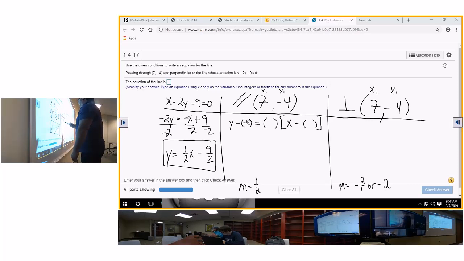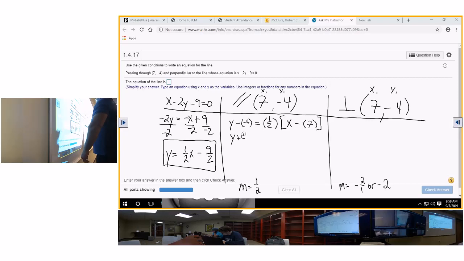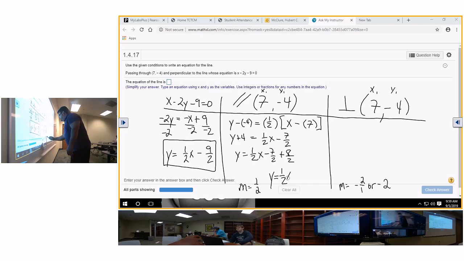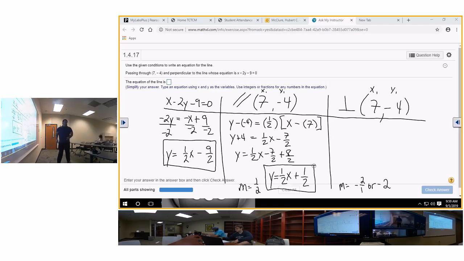Negative 4, 1/2, and 7. y plus 4 is equal to 1/2 x minus 7/2. y is equal to 1/2 x minus 7/2 plus 8/2. So our final for the parallel is y equal to 1/2 x plus 1/2. Now if you haven't done the perpendicular, do the perpendicular. Make sure I haven't made a mistake.